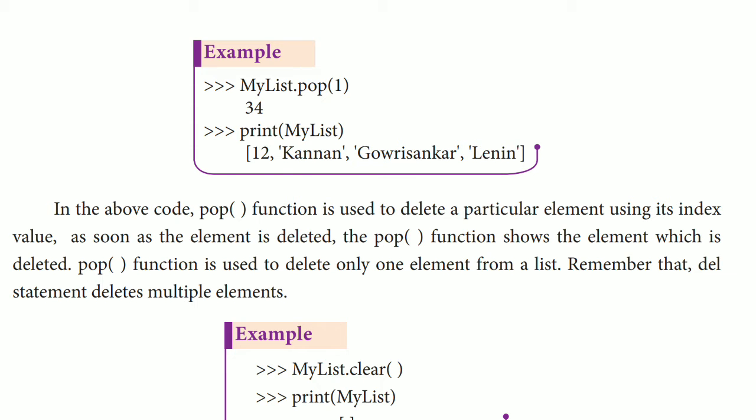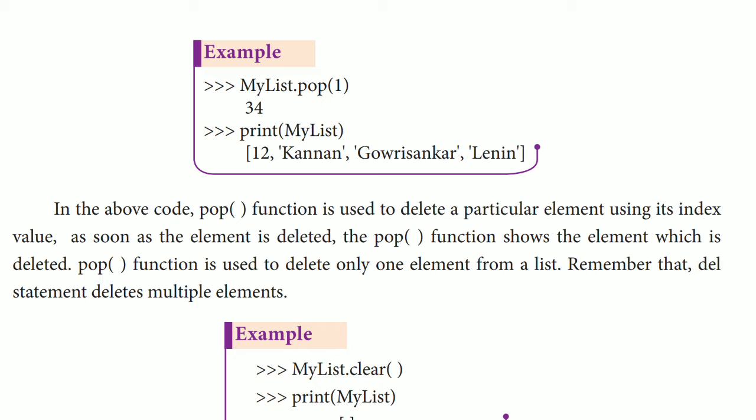Okay, and the pop function is used to delete only one element from a list. So you can use this pop function only to delete one element from the list. All the other elements will be there in the list. And here you can see, remember that the del statement deletes multiple items.